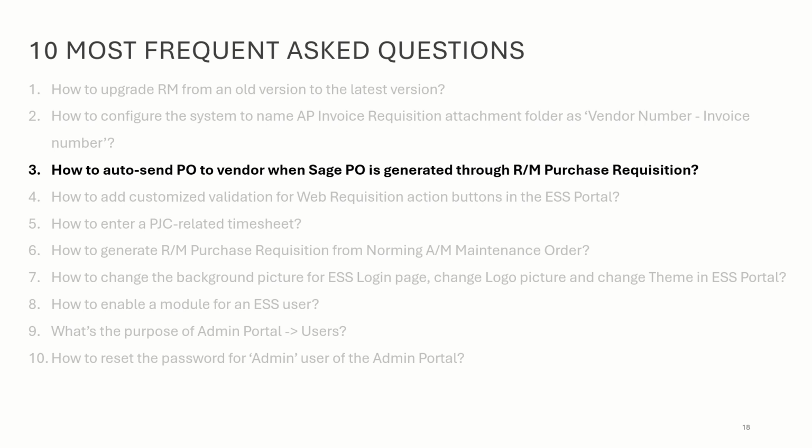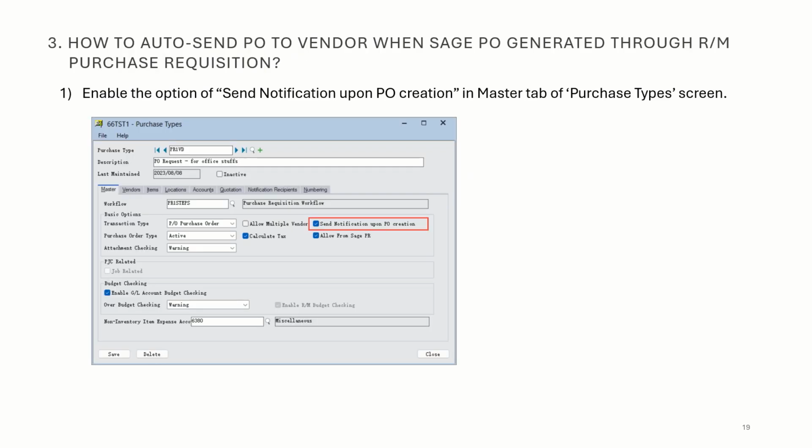The third question is how to automatically send PO to vendor. Once a PO is generated through the RM purchase requisition workflow, to be able to automatically send the PO to the vendor, there are a few settings to be set in the purchase type screen. Open the purchase type screen, select the purchase type which we want to automatically send PO to vendor.